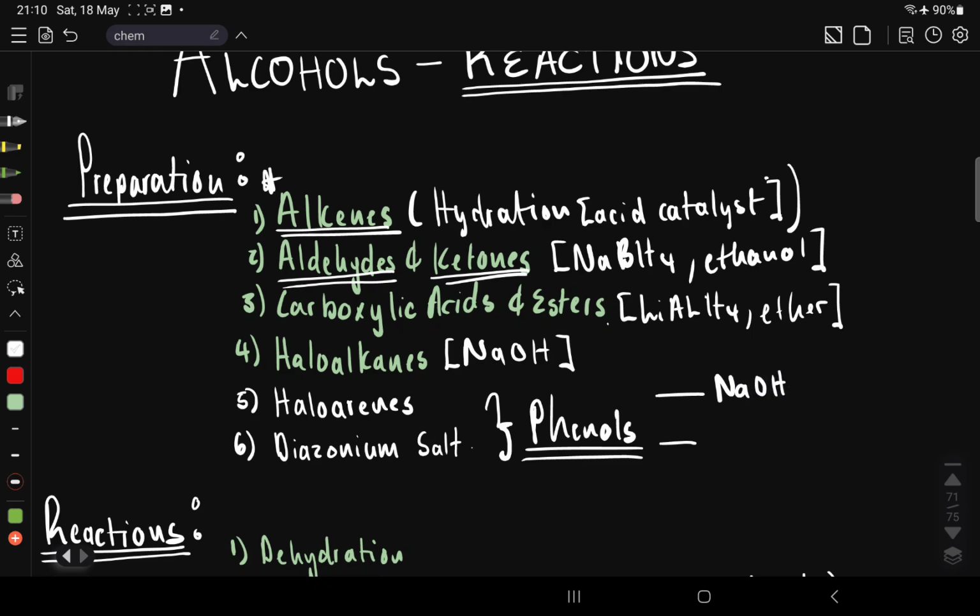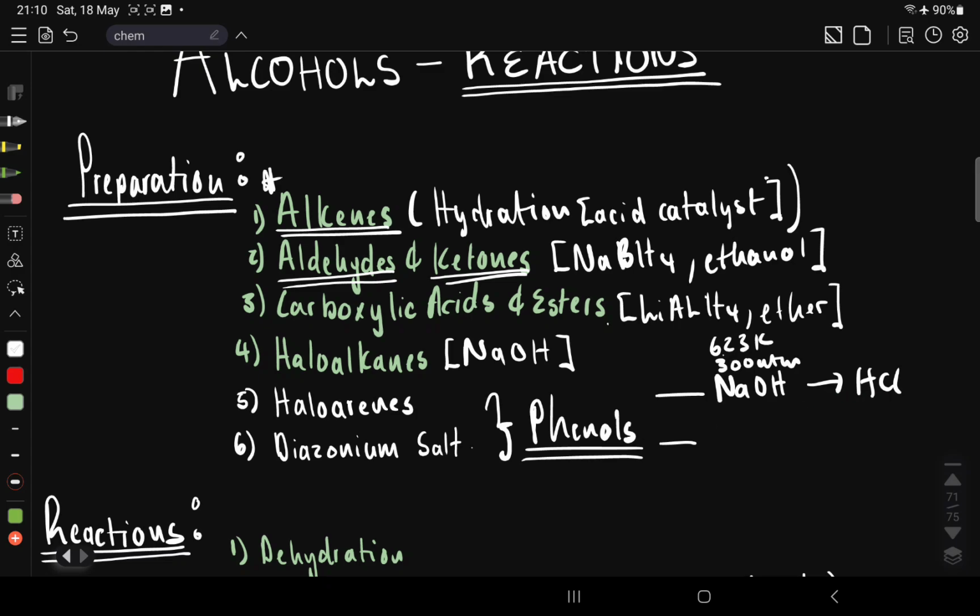It's going to be a 2-step process. When you put NaOH, you need to have temperature 623 kelvins, and then 300 atm of pressure. And then on the second step, you just need to add hydrochloric acid. So first you add your base, like what you do to haloalkanes, but then you need some conditions. You need to put a little bit of heat, and then here's some pressure again, and then you finally add an acid.